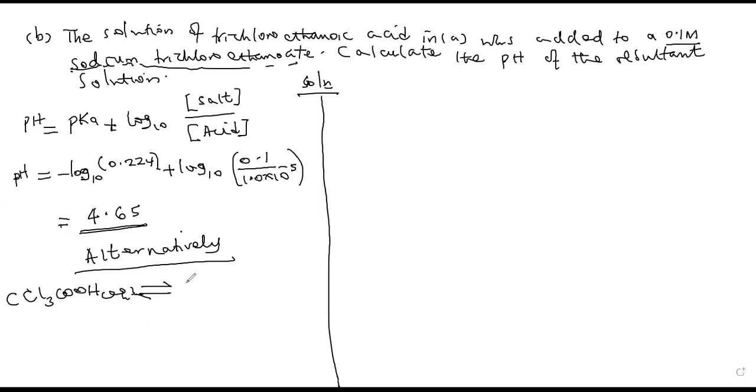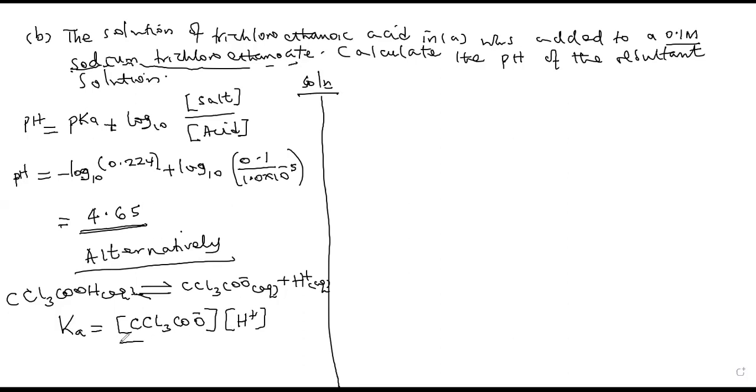And when it dissociates, it will form trichloroethanoate ions and hydrogen ions. So from here we derive an expression of Ka as the concentration of the products, CCl3COO minus times the concentration of hydrogen ion, everything divided by the concentration of what is dissociating, which is the trichloroethanoic acid.